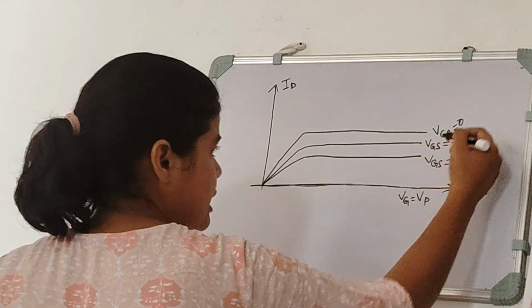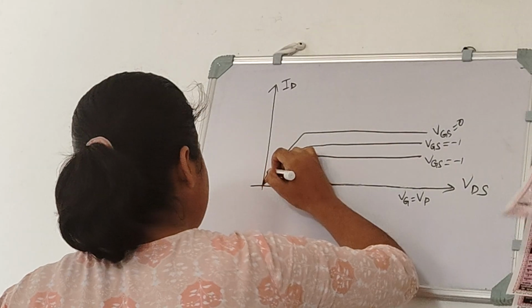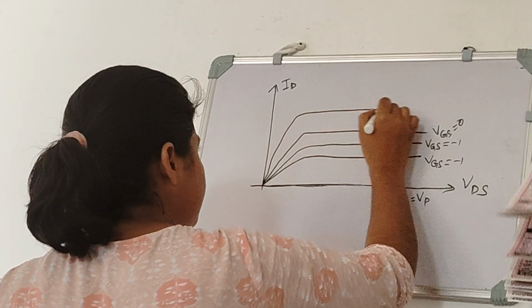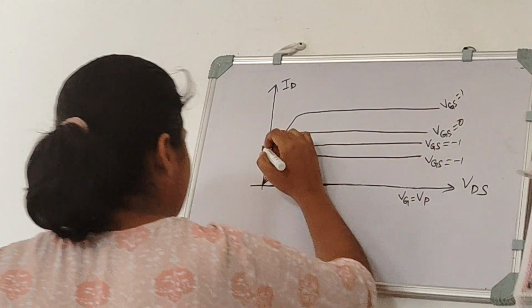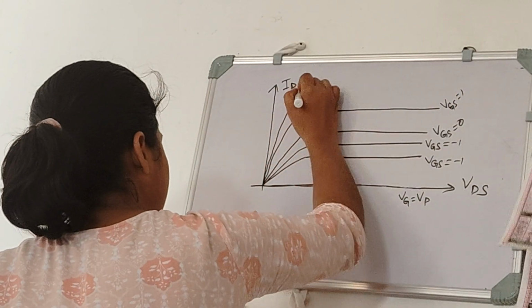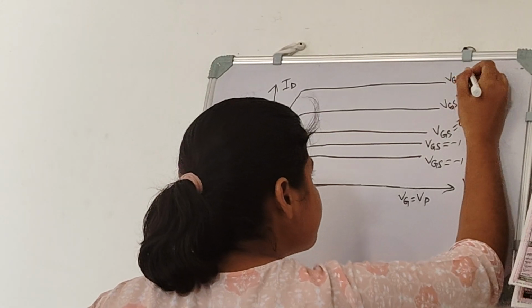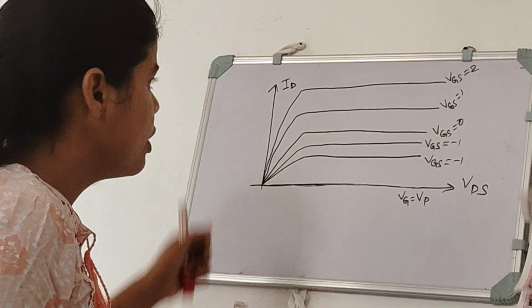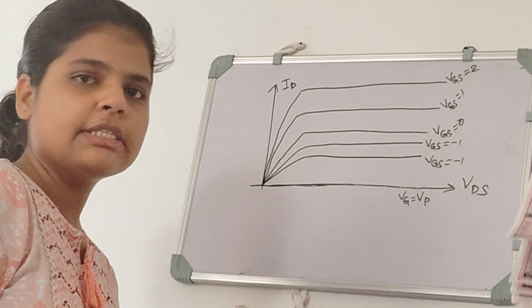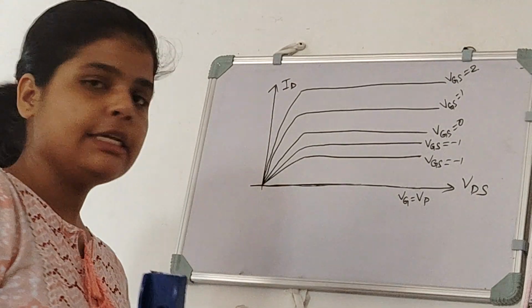And if we increase our VGS, that is if we make our VGS positive, current increases. If we make our VGS more positive, current will increase even more. So we can see here that when we make the VGS positive, our current increases.